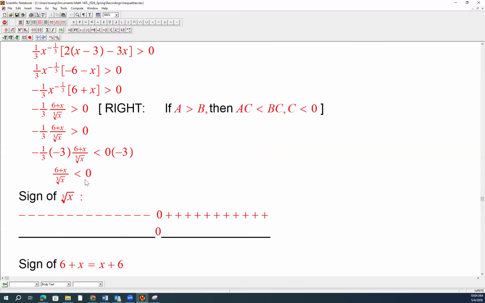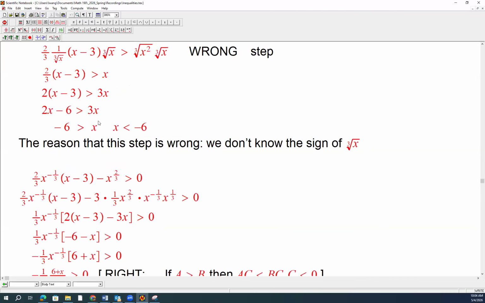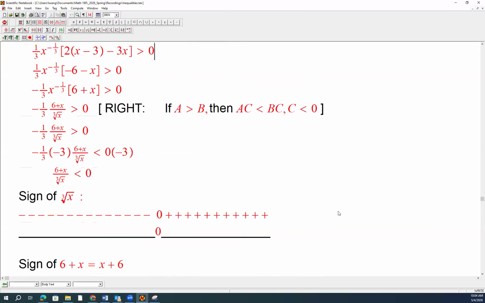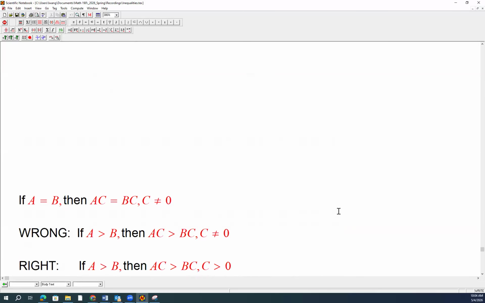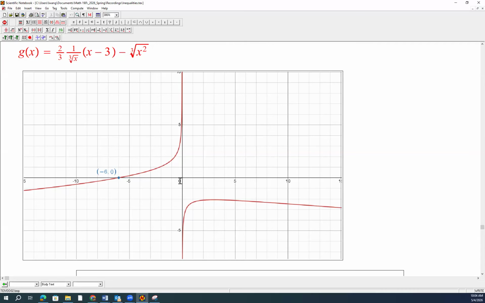And if you took a wrong step, you get the wrong answer, x less than -6. That answer means that all the numbers less than -6 will be solutions. That's obviously wrong, right? They're actually negative. We want the whole thing positive. Our solution is between -6 and 0, exclusive.